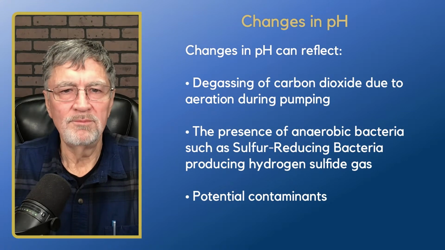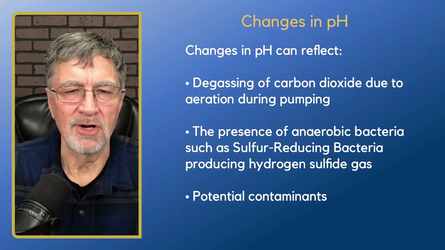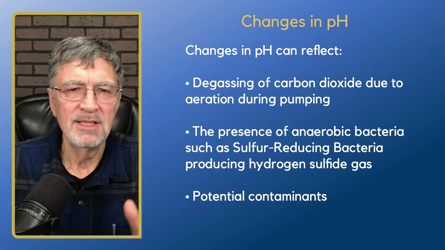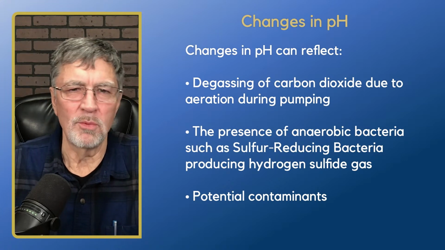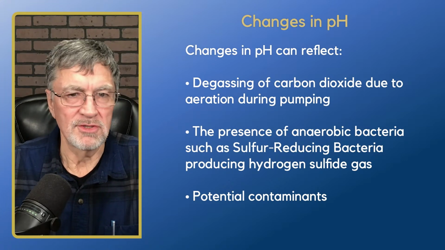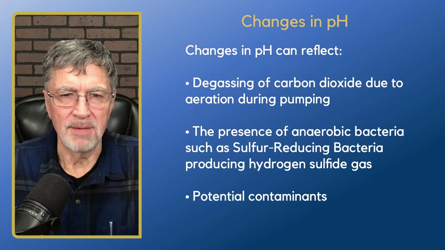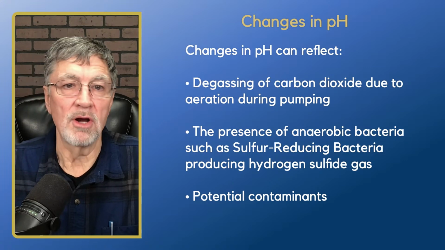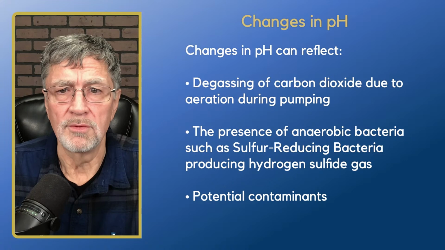All right, so what happens when we get changes in pH in our well? Normally, in most situations, pH is going to stay within a relatively narrow range unless there's some things going on. So we do want to monitor pH, so we understand that. But changes in pH are going to be important because it's going to indicate things going on in our well.